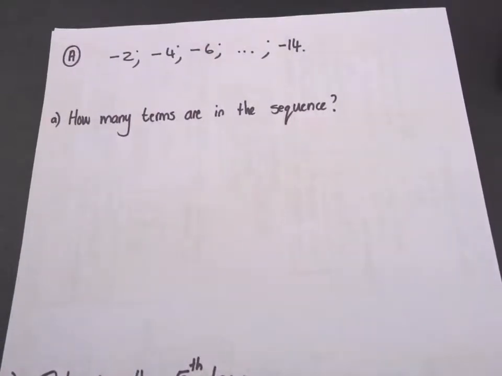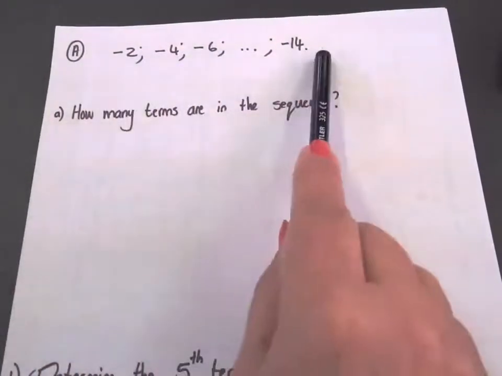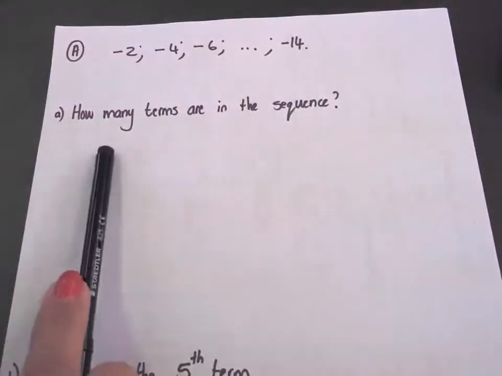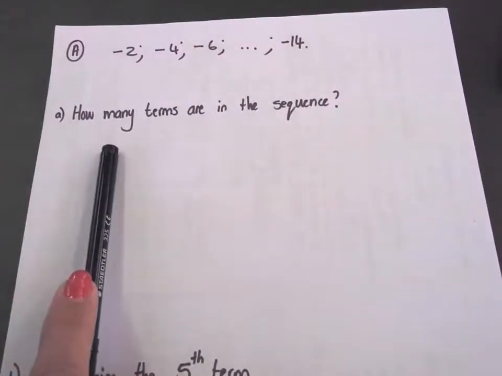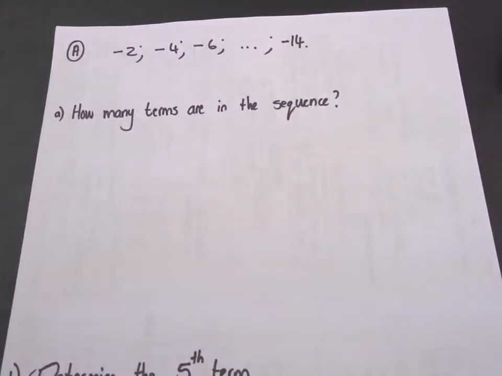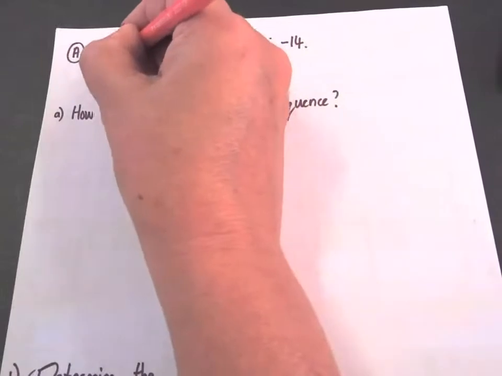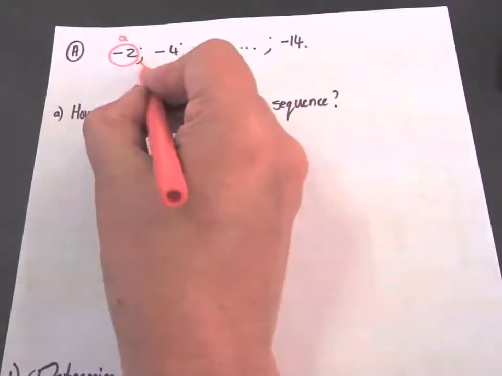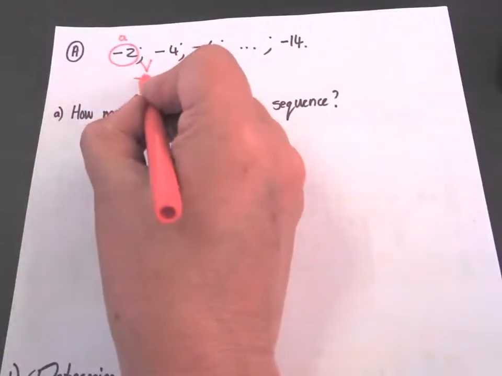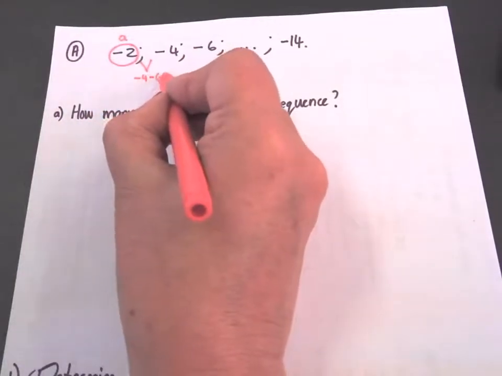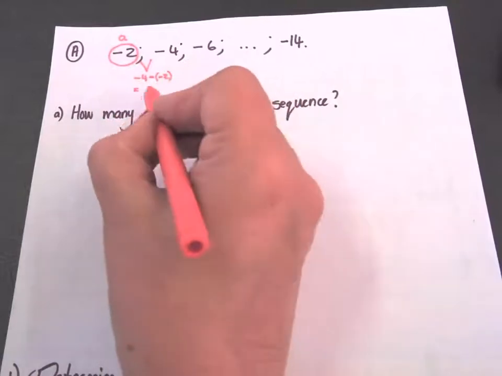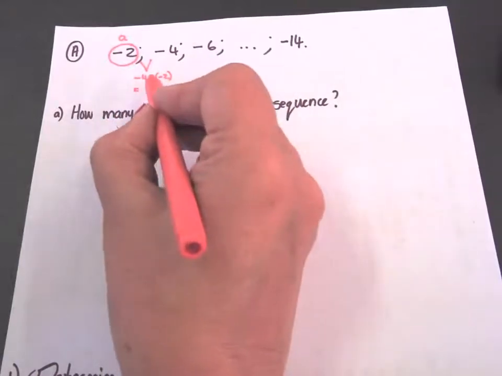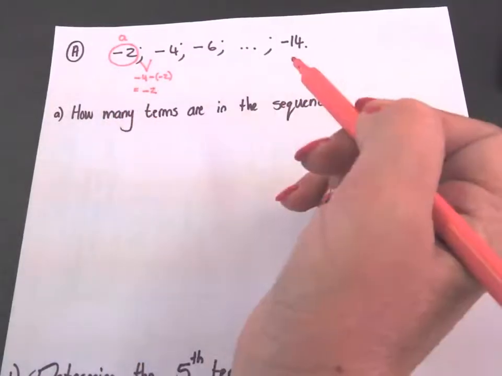Okay, we have a sequence, and the question is how many terms are in the sequence. Now first we need to get A and D. A is always our first term, and D will be negative 4 minus minus 2, and that will give you negative 4 plus 2, which is negative 2.